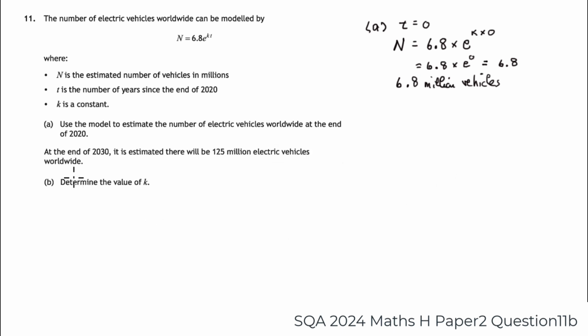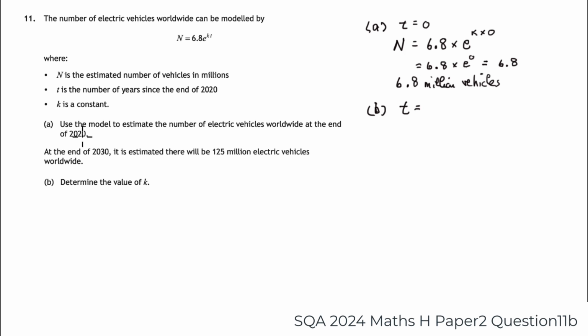And in this case, we're asked to determine the value of k if we know that by 2030, they're estimating there'll be 125 million electric vehicles worldwide. So we know various things. t in this case, we're told, would be 10.